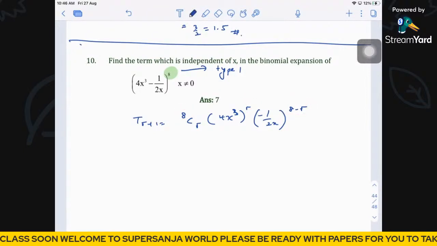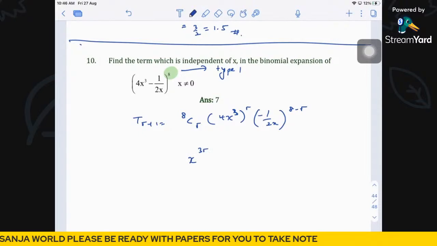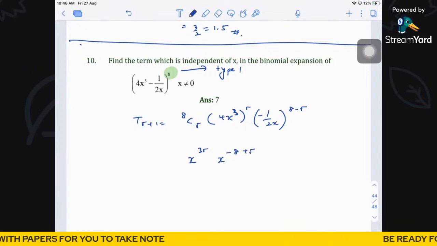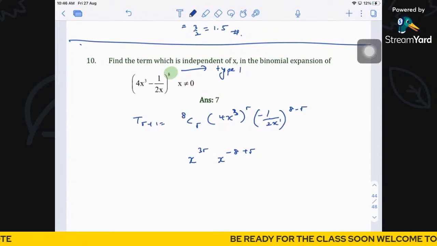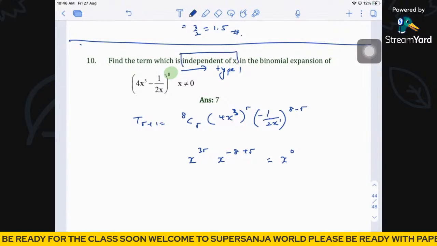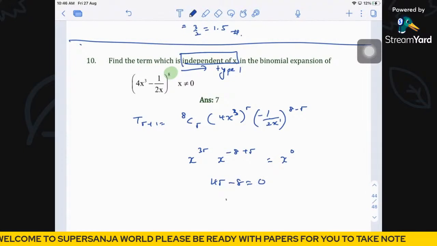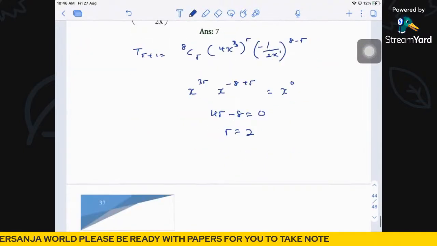From here you get x power of 3r, and the other becomes x power of negative 8 plus r, because the power of x here is 1, bring up will become negative 1. So negative 1 times (8 minus r) becomes negative 8 plus r, equals x power of 0. Why x power of 0? Independent of x. So from there you get 4r minus 8 equals 0, so r equals 2.